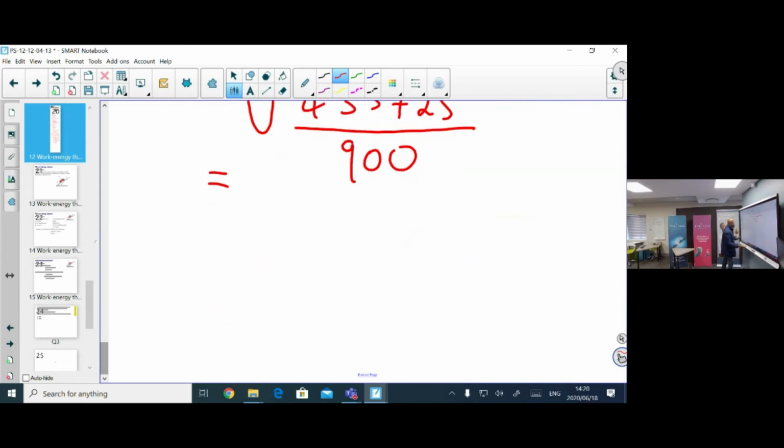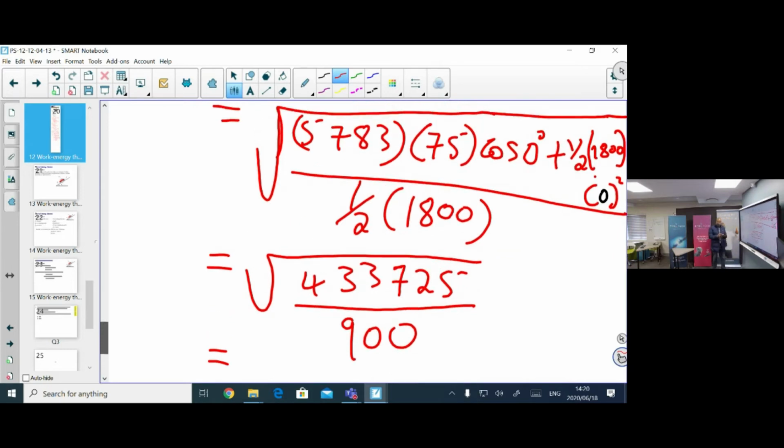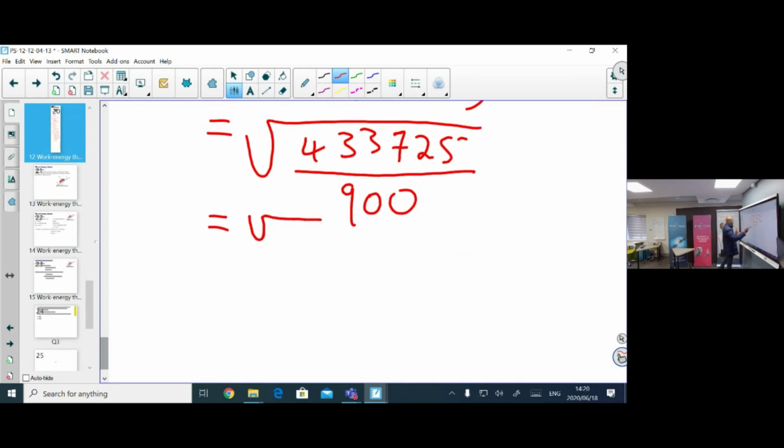Which is equal to, let us do it, 433,725 divided by 900, which is equal to 481.91.